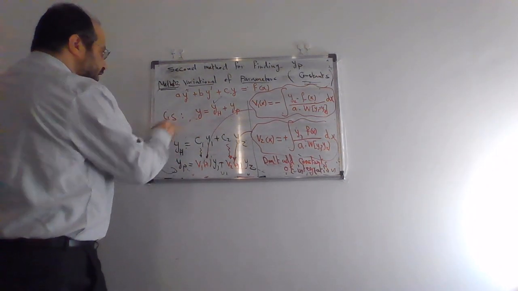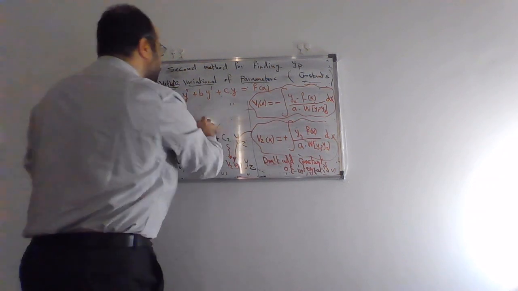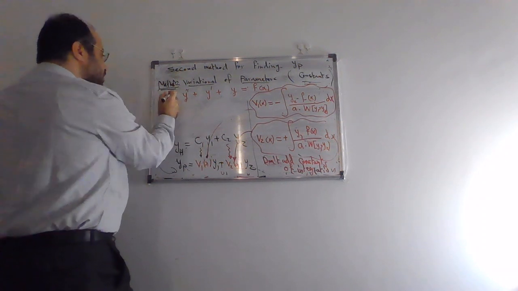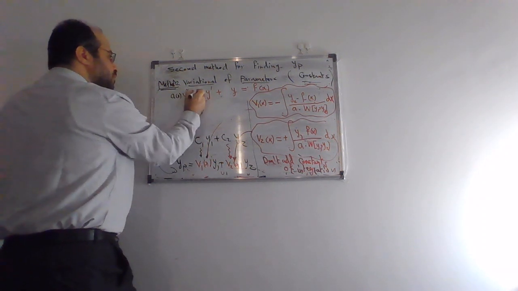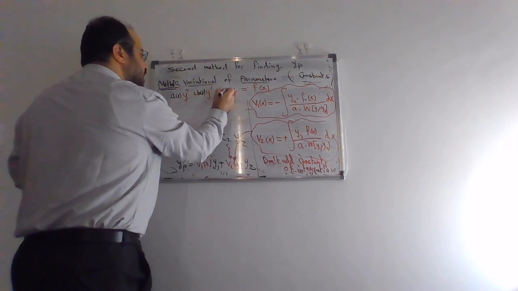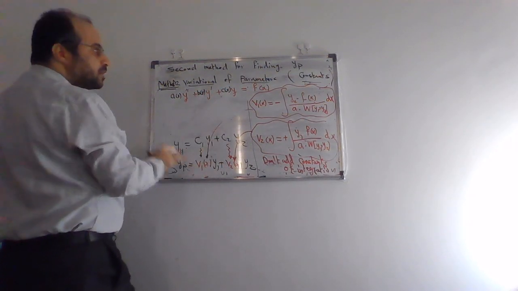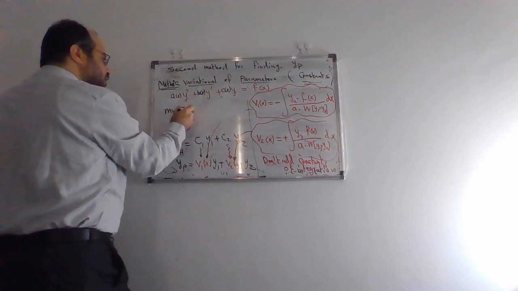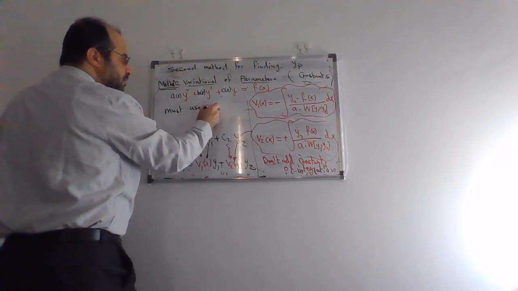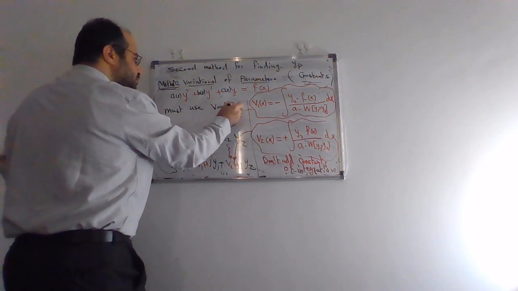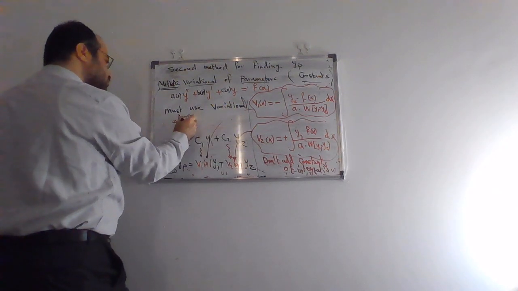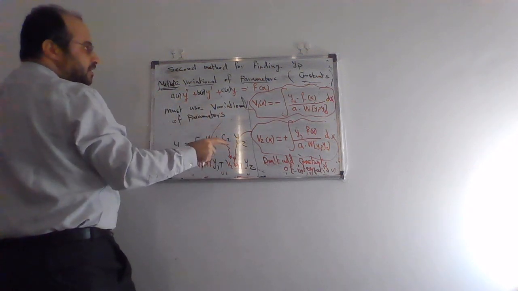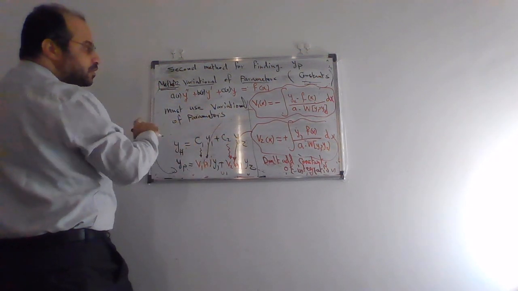Now there is one more thing I'm going to tell you as a remark. What if you change the coefficients to functions of x, like a of x, b of x and c of x? Well, variation of parameters will still work. In this case, you must use variation of parameters, because the indeterminate coefficient method will not work.